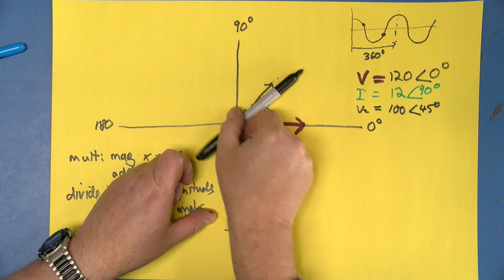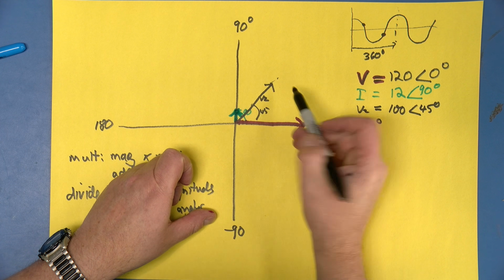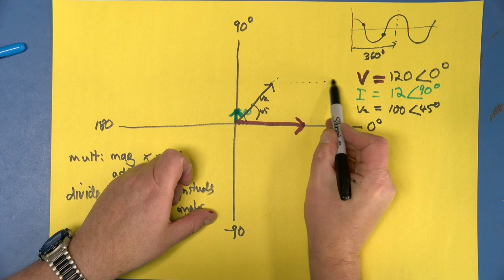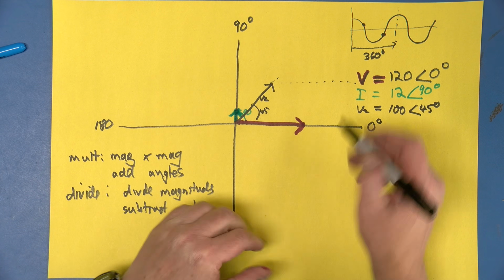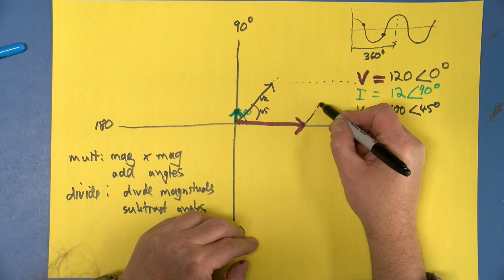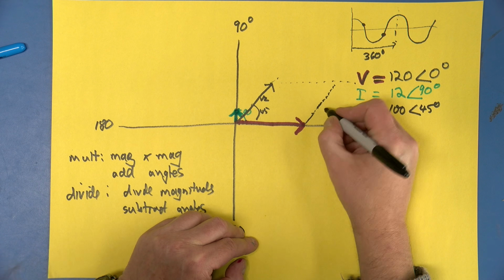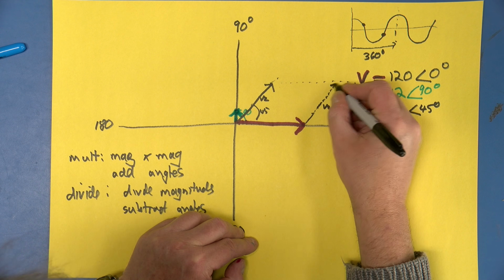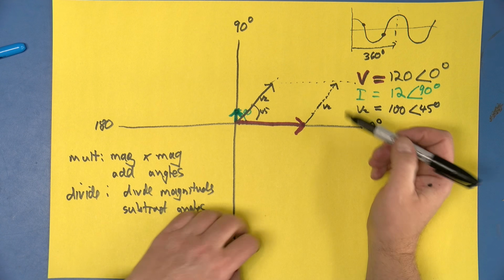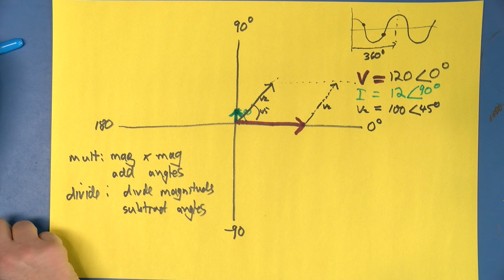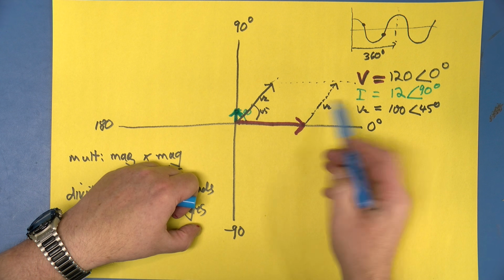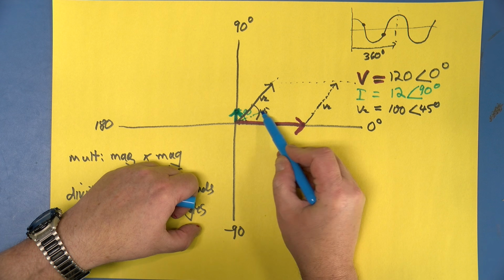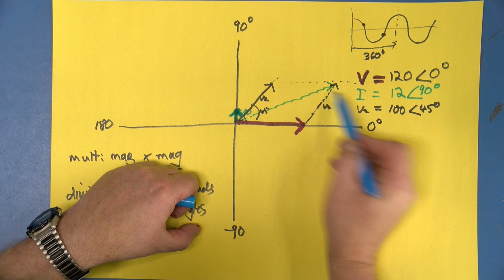So if we take this arrow and move it over here, I'm just going to draw a dotted line to give us the height. The angle is something like that. So here we go, this is really V2 now. We line them up like that, and I'm going to reuse blue. The sum of these two is that.